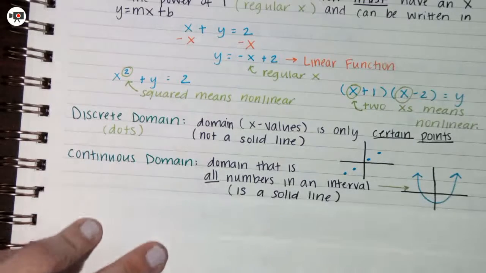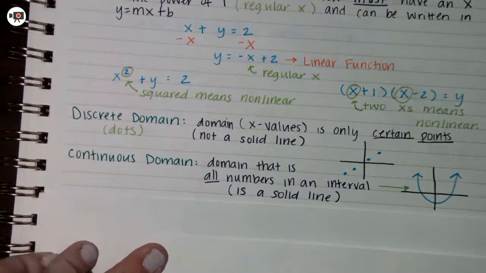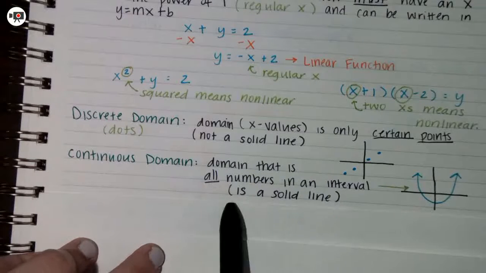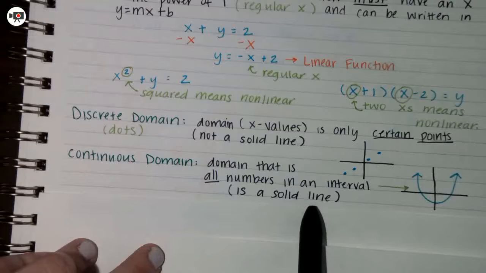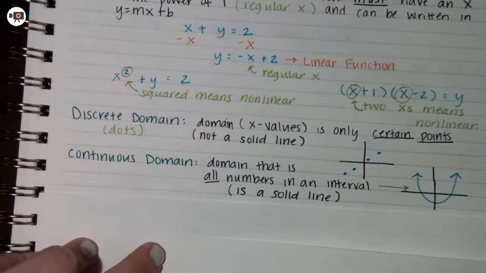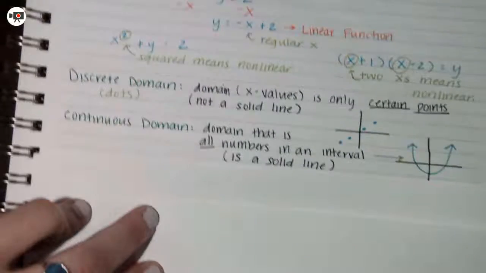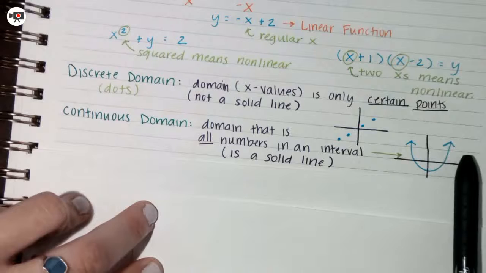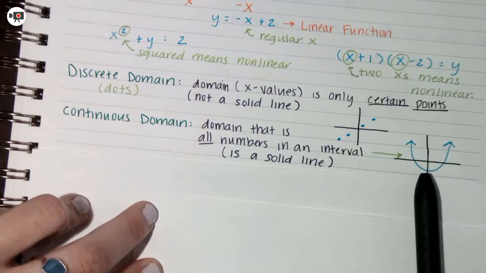The other kind is a continuous domain, and that means that the domain is all numbers in an interval, so it is a solid line. So this is a solid line. It is continuous. It is not a linear function, though, because it is curved, but this is continuous.